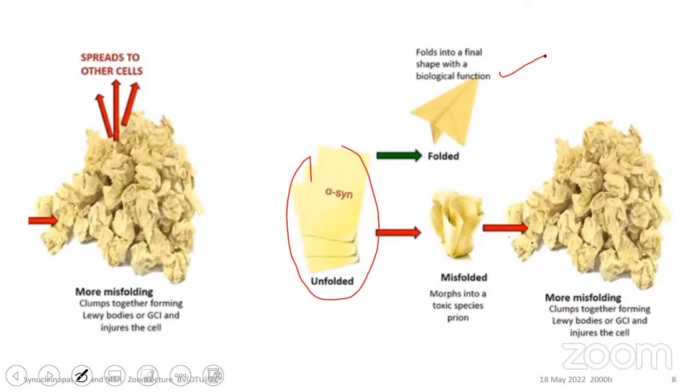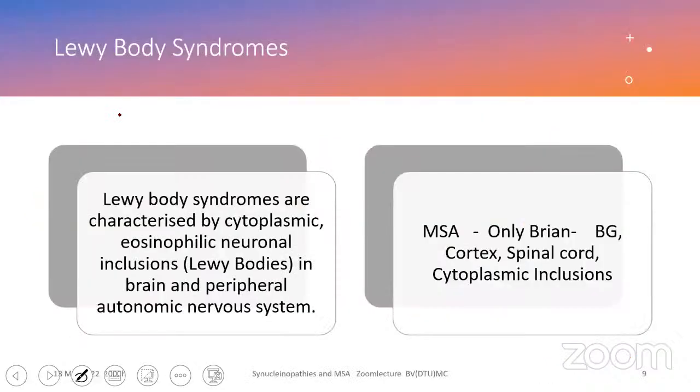This can get unfolded or misfolded, morphing into a toxic prion-like species. With this misfolding, they clump together, forming Lewy bodies or glial cytoplasmic inclusions and the injured cell. And these can spread to other cells, similar to prion disorders, in alpha synucleinopathies.